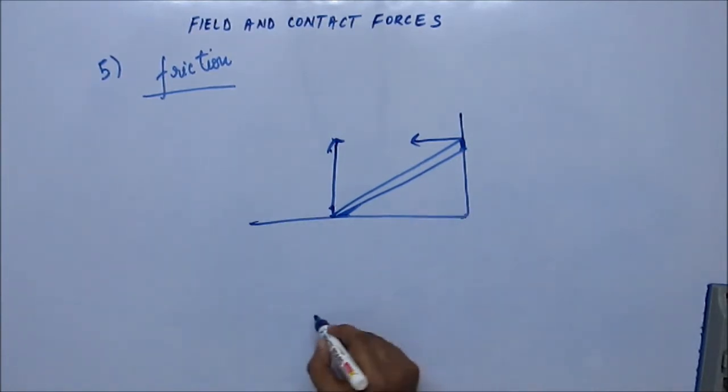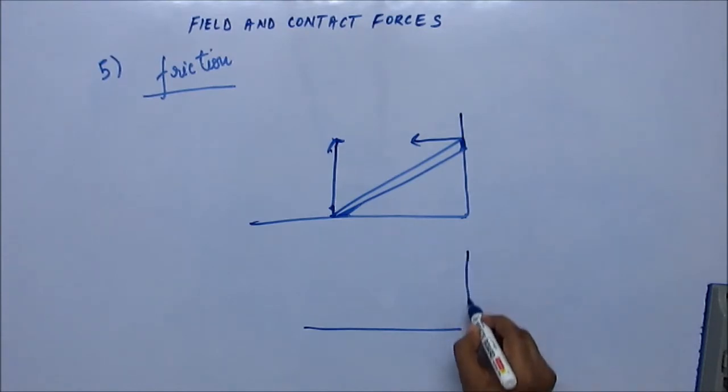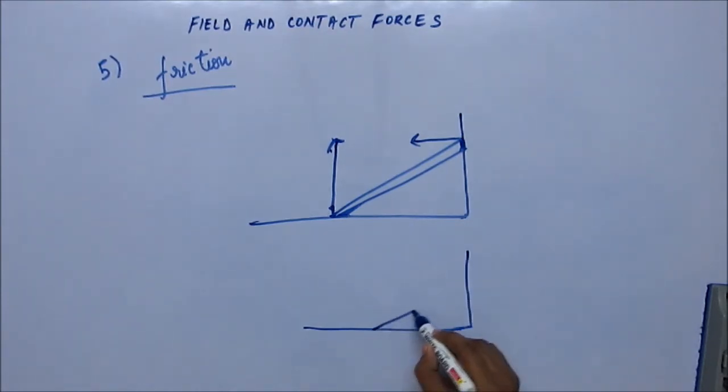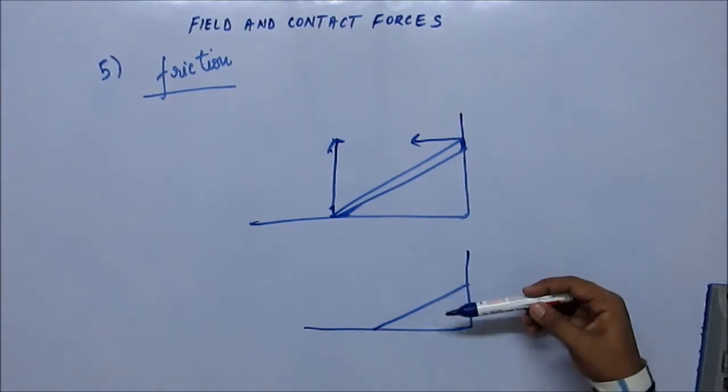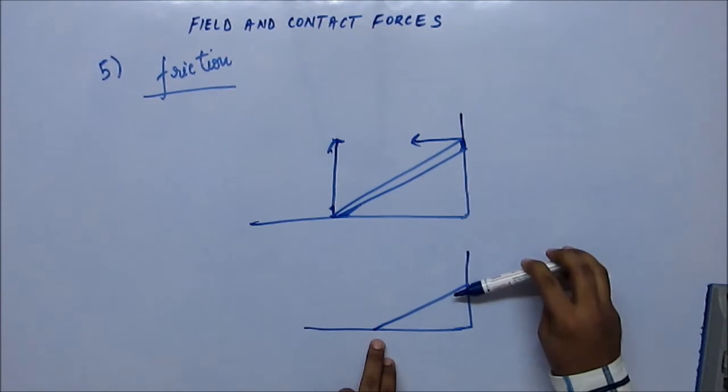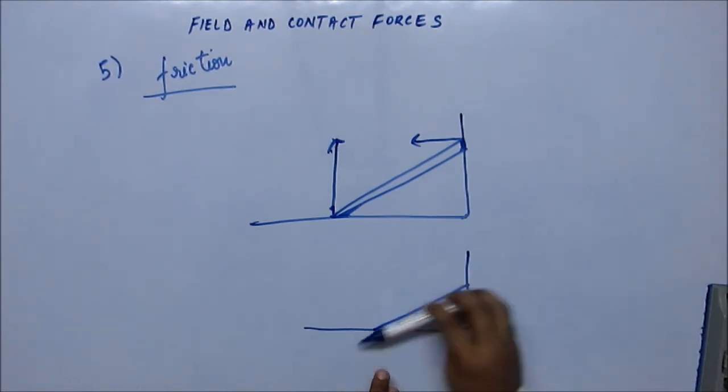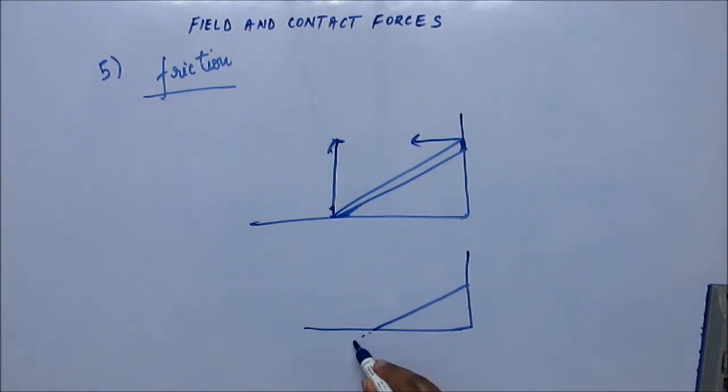Suppose the force is not perpendicular. The net force from the floor, of course, will not be perpendicular. Suppose the ladder is pressing the floor in this direction. So the floor will also oppose that press and apply in return some force to the ladder in this direction.